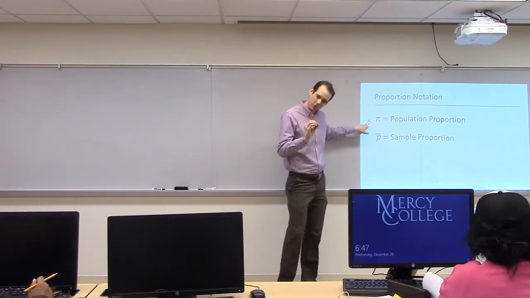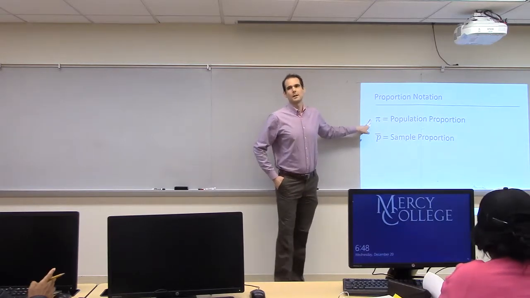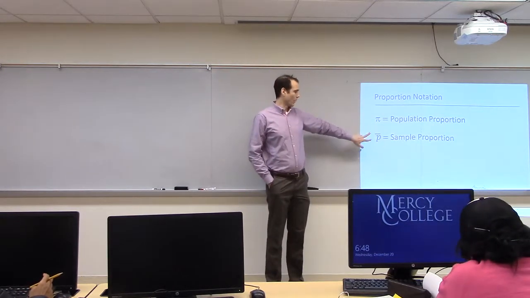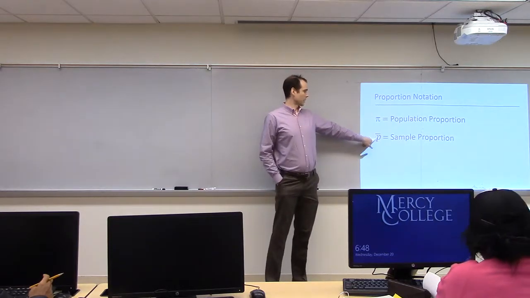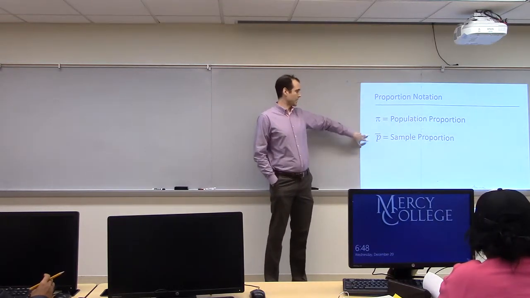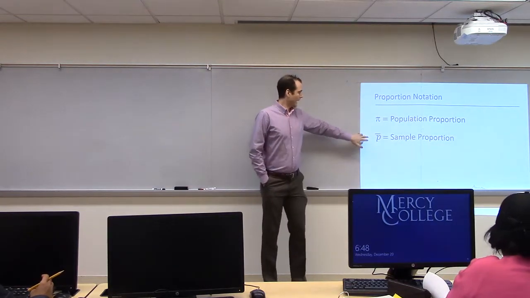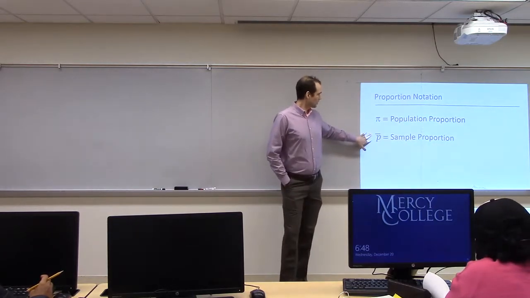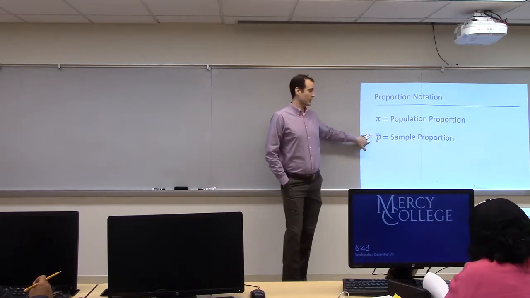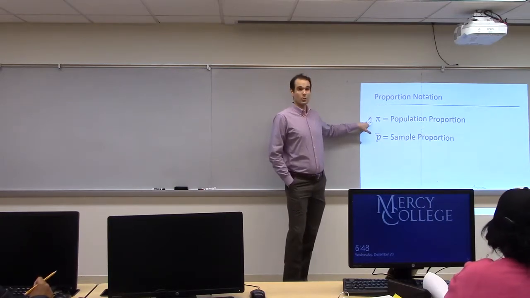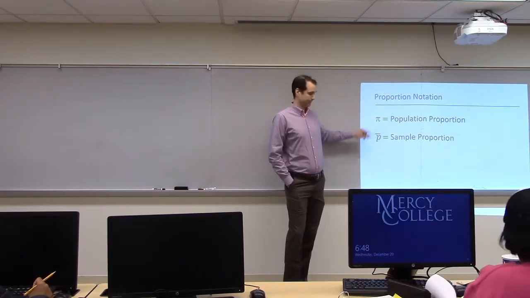What is the true population proportion? How do we find it? Well, we take a sample, and we notate it with this little P with the bar over its head, P bar. And we will determine how confident we are that that sample proportion is reflective of the true population proportion.